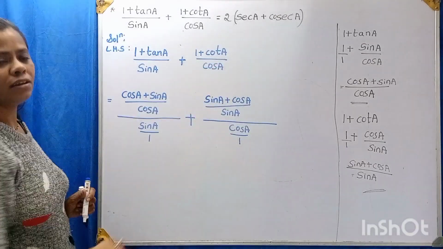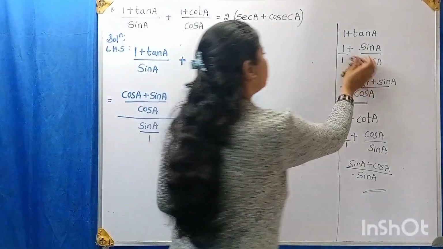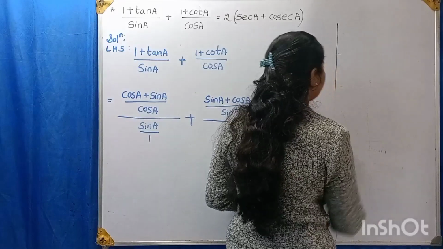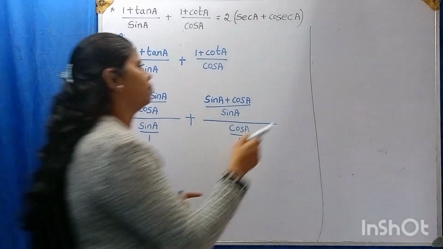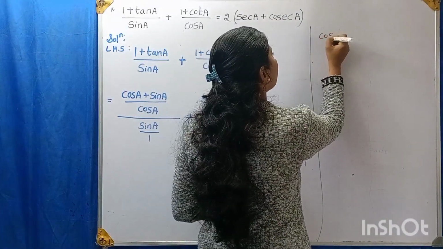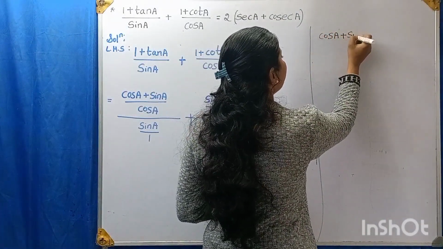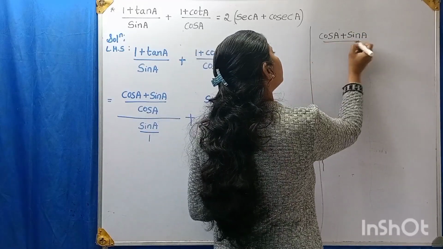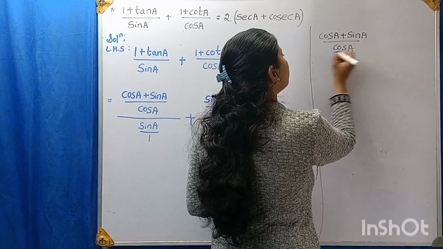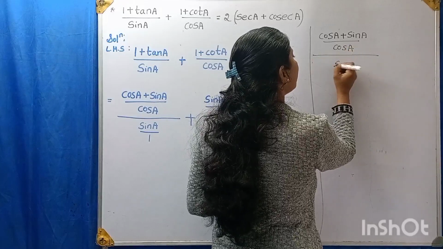First I am going to rub that. You can copy down. (Cos A plus sin A) divided by cos A, whole divided by sin A by 1.